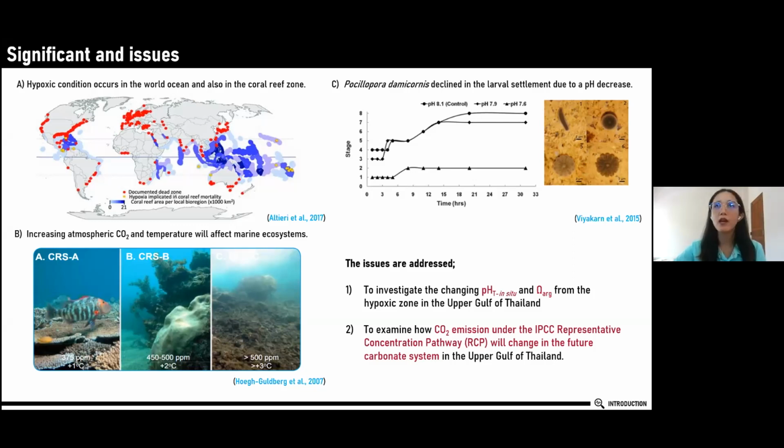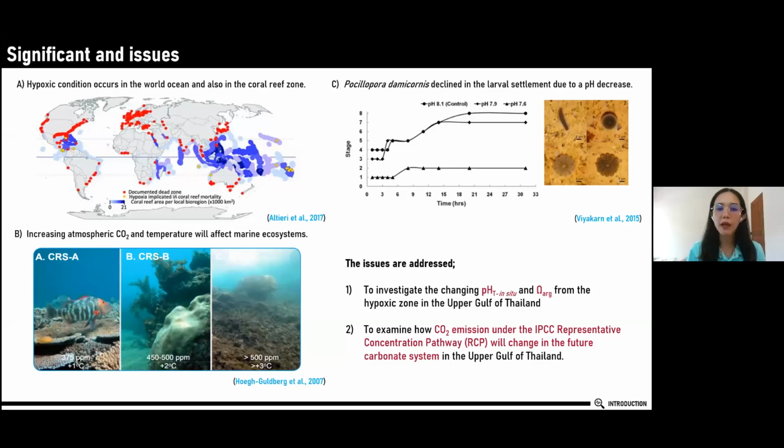And recently, a study in 2015 indicated that pH level caused a substantial decline in larval settlement rate in the experiment at 7.6 and 7.9. All larvae were unable to complete metamorphosis, and metamorphosis delay was observed for the coral reef species Pocillopora damicornis.